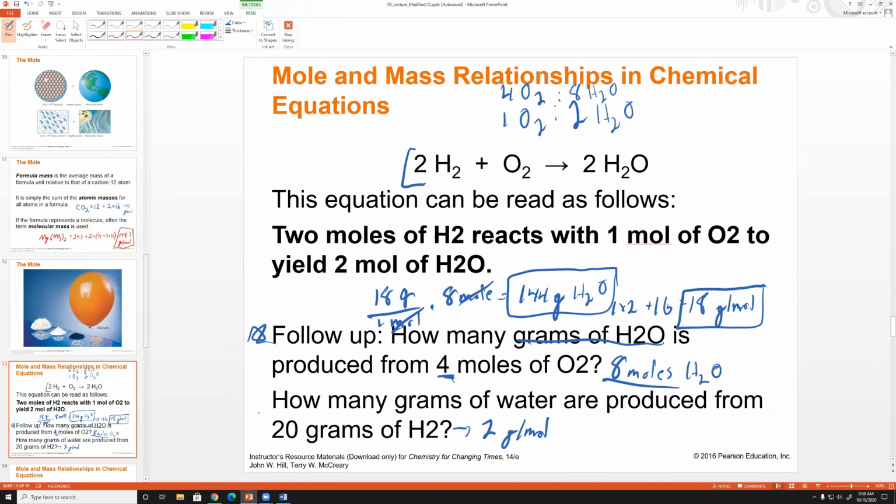So you do the same thing. We have 2 grams per mole. Or we could write it this way. Hold on. 2 grams divided by 1 mole times, we have 20 grams. So we have X moles.